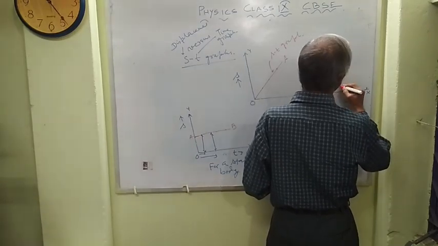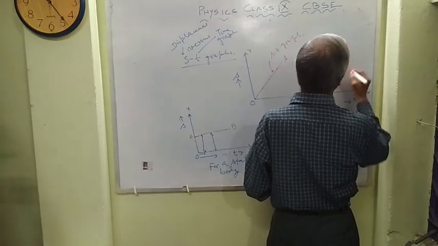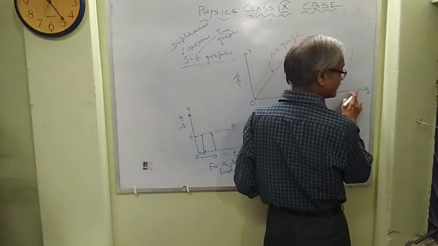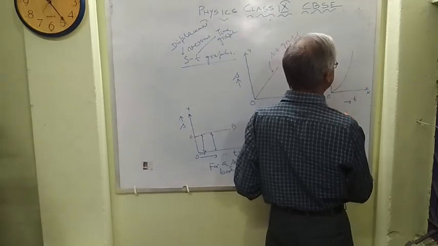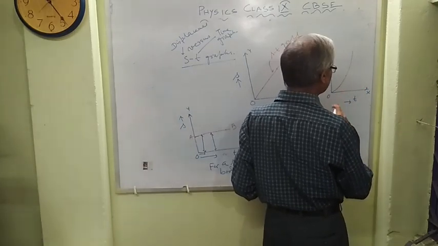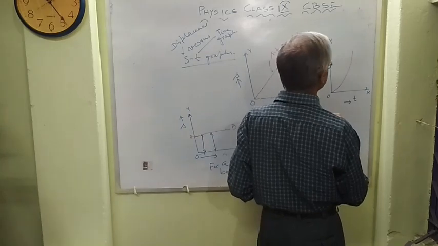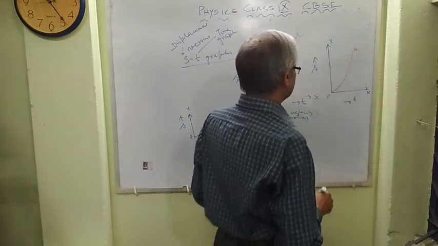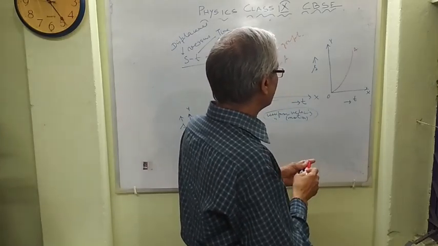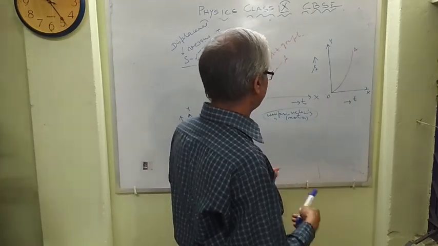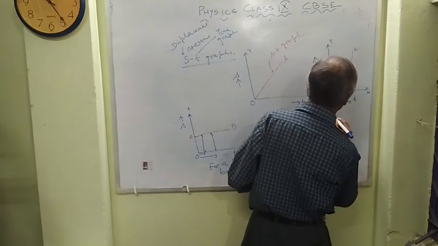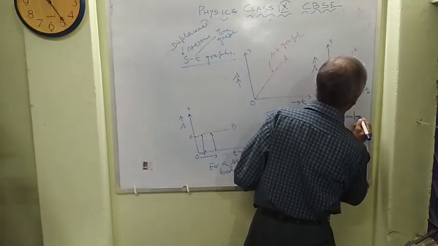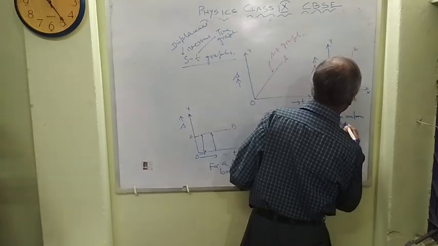Slope means tangent drawn at the various points, and the angle made with the positive direction of the x-axis. If you take tan of that angle, it gives the slope or gradient of the graph. This is for non-uniform velocity.